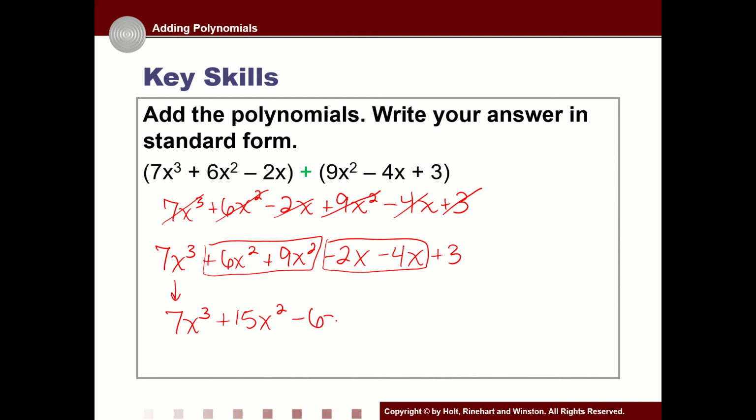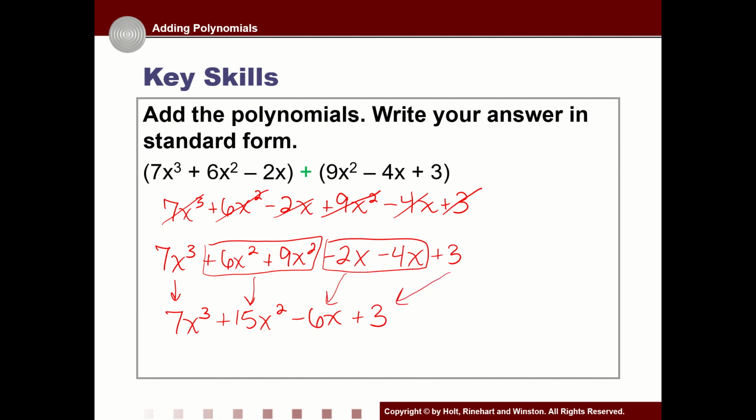Be careful with those. Use the calculator if you need to. And finally, I have a plus 3. There's no like terms that change that number. Just so you can see where everything came from there.